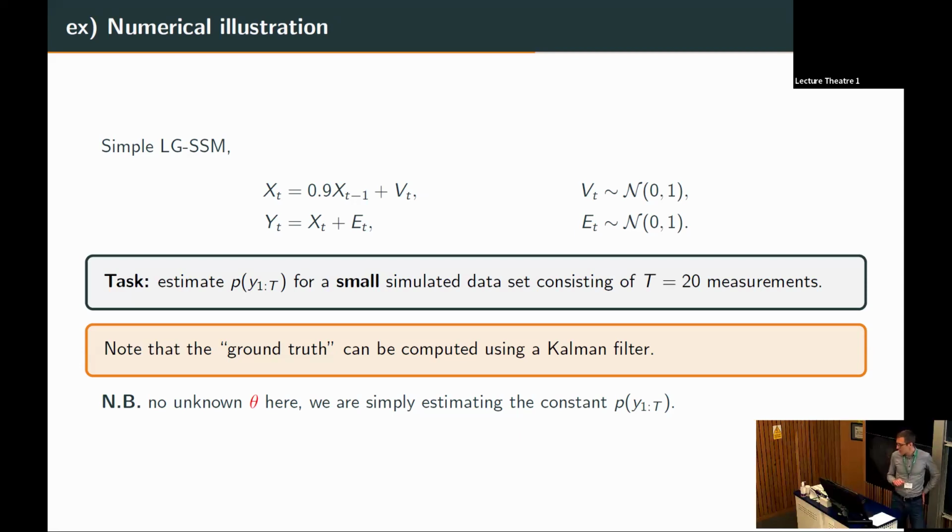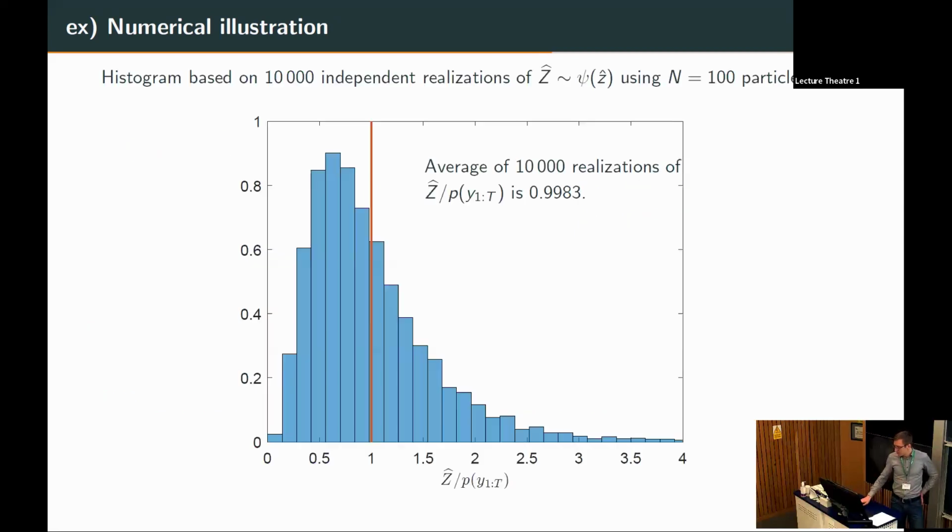Worth noting here is that we only have 20 measurements. It's a one-dimensional, very simple linear Gaussian system, so it's not a very complicated problem. If I then apply a bootstrap particle filter with 100 particles, I do that 10,000 times and collect all the likelihood estimators, I can plot the histogram over those estimators. It looks something like this.